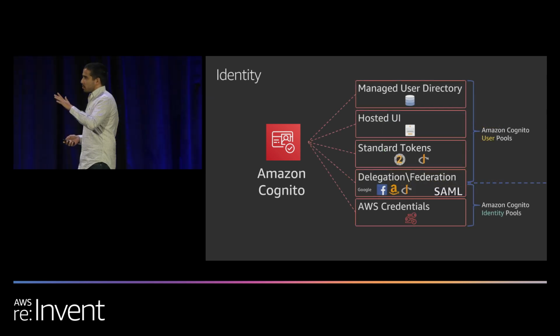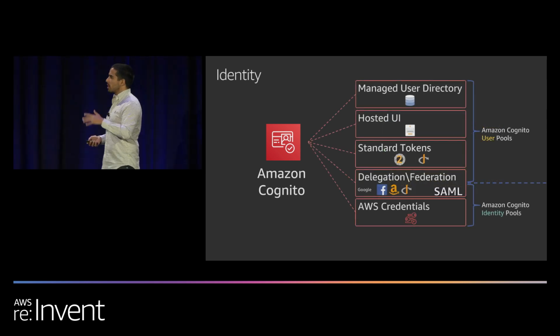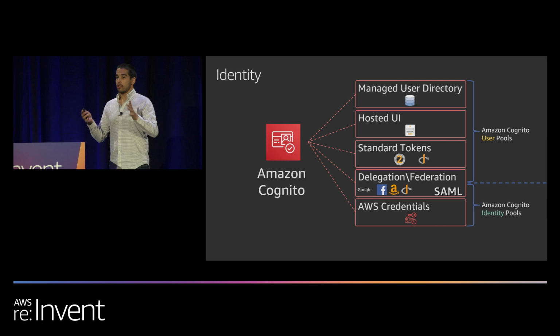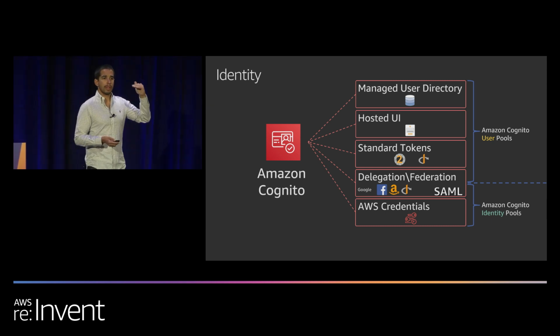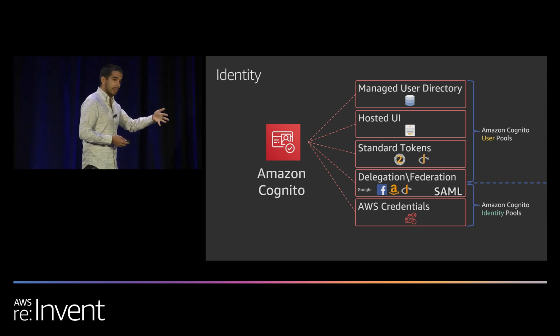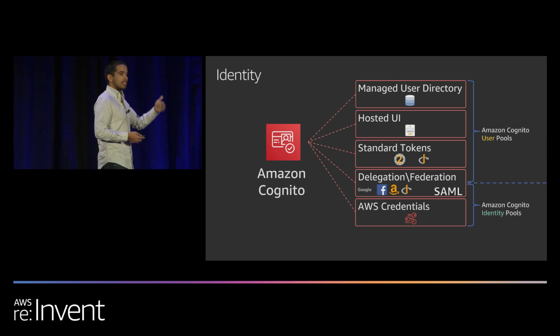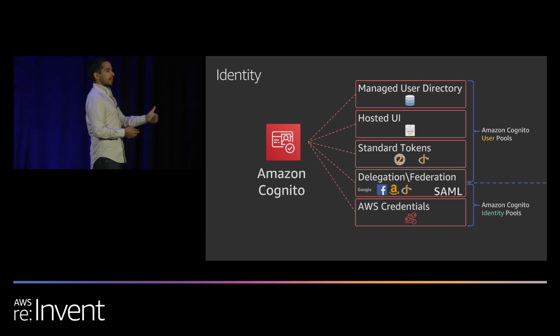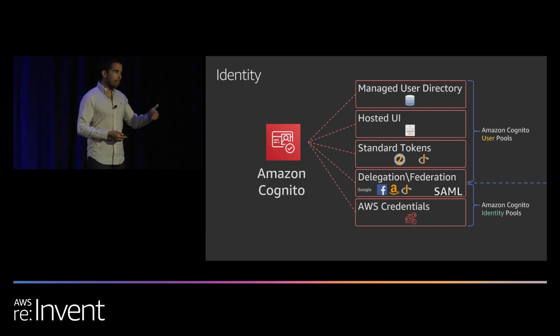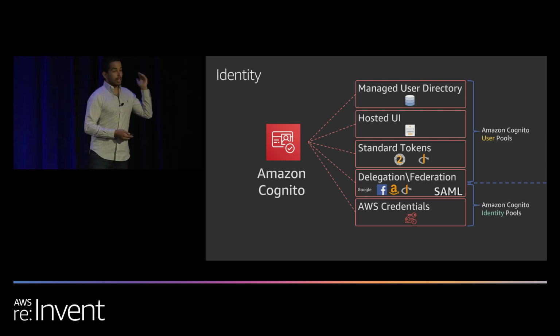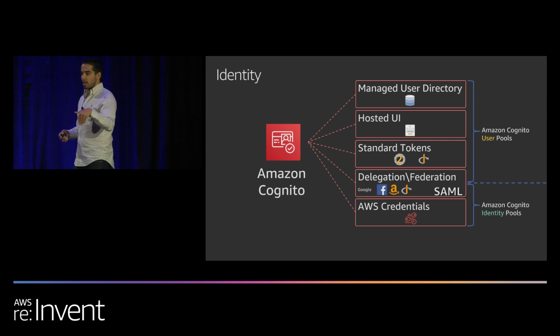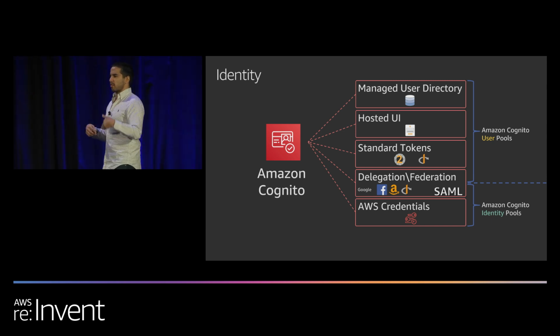Now, Amazon Cognito is comprised of 2 services under the hood. I'm not going to go into detail on this, but you should know that Amazon Cognito User Pools is the managed directory for your users, and it handles the authentication side of things. So verifying that the user is who they say they are, whereas Amazon Cognito Identity Pools is what handles all the permissions on AWS for that particular user.